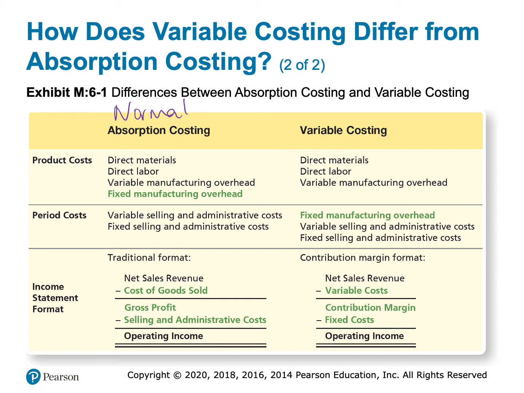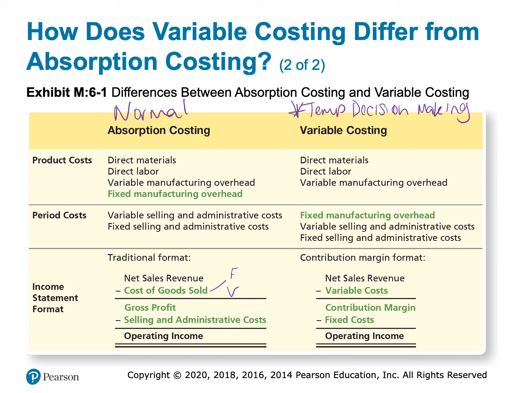Variable costing is just pretending for temporary decision making. We're just looking at this internally only. It's never going to be seen by anybody outside. Internally, we may choose to rearrange our income statement to say revenue minus all variable costs. Remember, in cost of goods sold, some of these are fixed and some are variable.